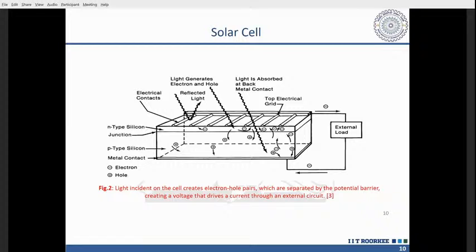So this N type is basically doped with phosphorus, and the P type is doped with boron. When these impurities are added to the pure silicon, you get N type silicon and P type silicon. When this N type and P type silicon are contacted with each other through the process of diffusion, the p-n junction is formed.